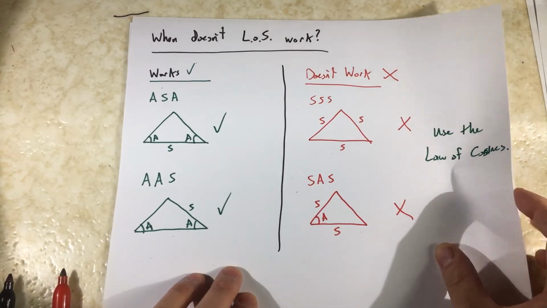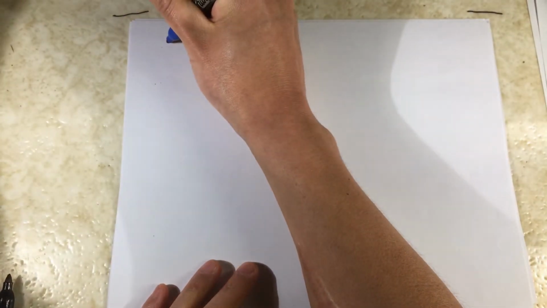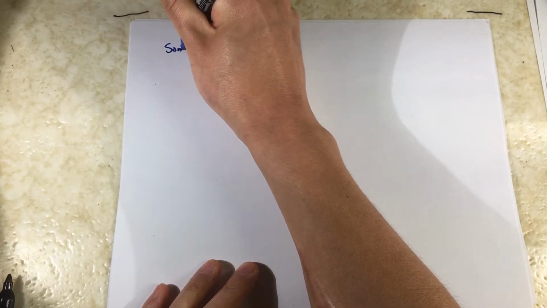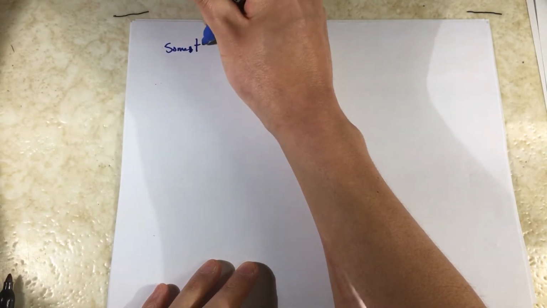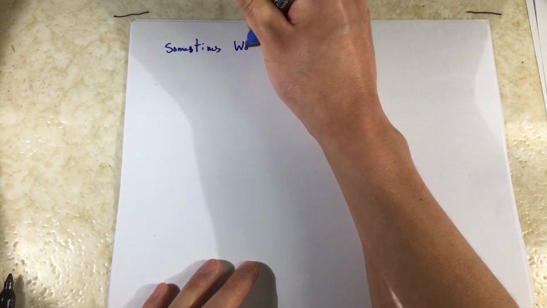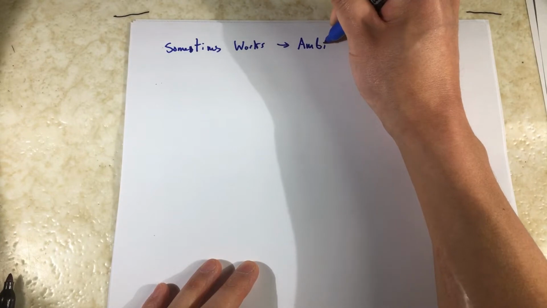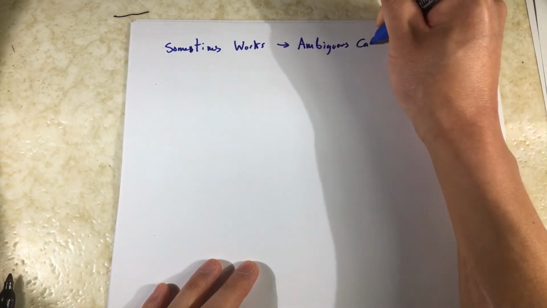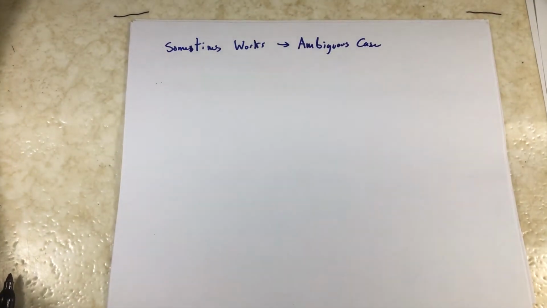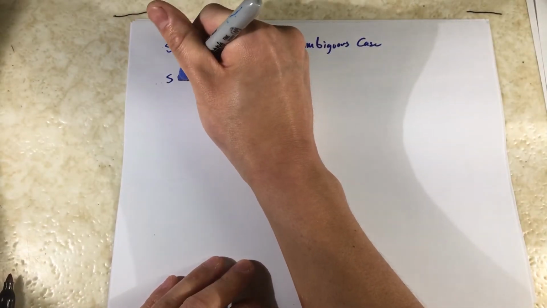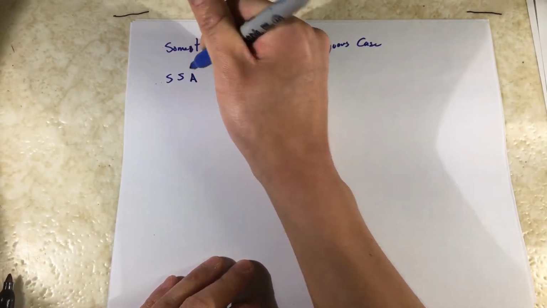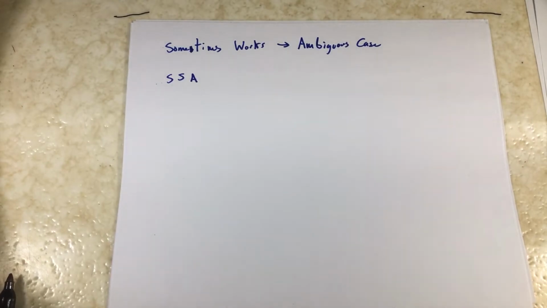Now there is one weird case where it sometimes works. I'll use blue. It works, but it's more complicated. Sometimes they call it the ambiguous case, and that case is where they give you a side, an angle, and then a side.